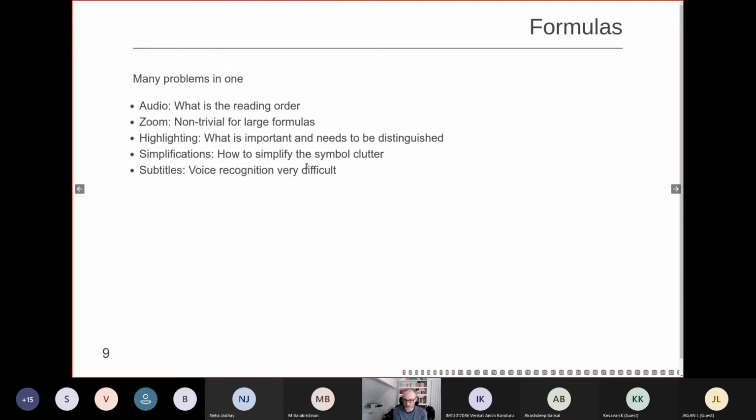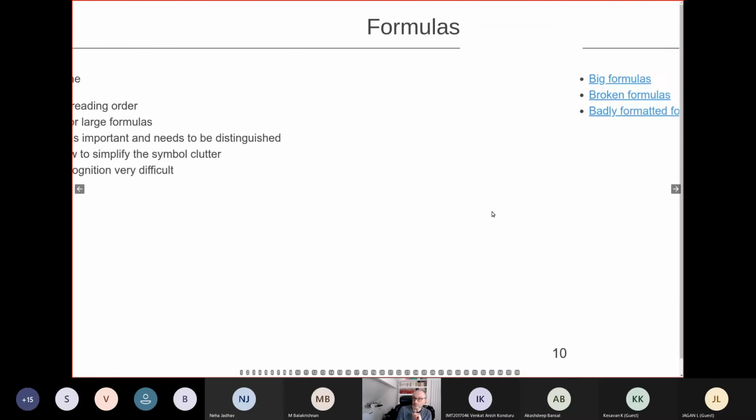How do we collapse certain parts that should be hidden at first glance, before somebody can no longer see what that formula is about? And obviously, for videos, voice recognition for formulas is extremely difficult. How do you do subtitles automatically when you lecture on mathematics?